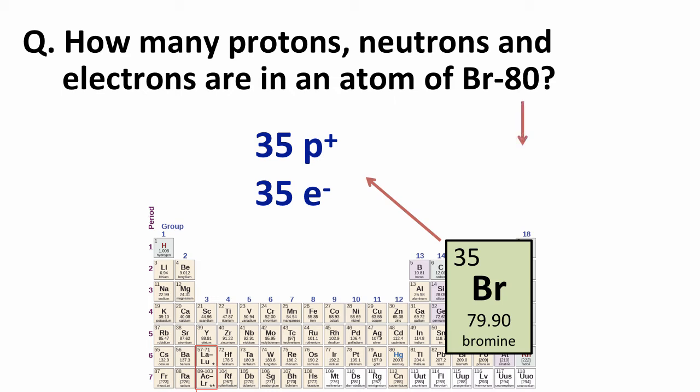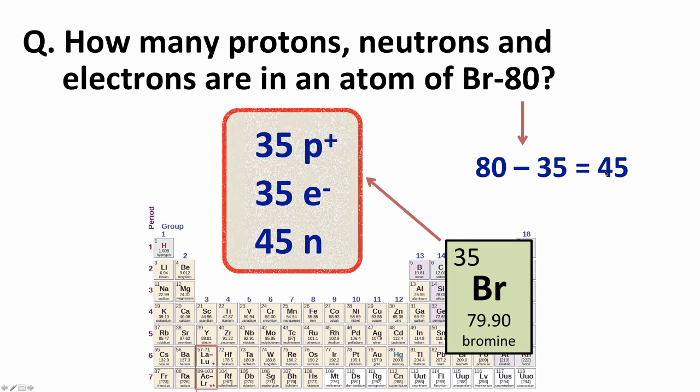Now, the mass number is 80 for this particular kind of bromine, and what that means is there's 80 total protons plus neutrons, of which 35 are protons. Therefore 80 minus 35 gives us 45 neutrons. And an atom of bromine 80 will have 35 protons, 35 electrons, and 45 neutrons.